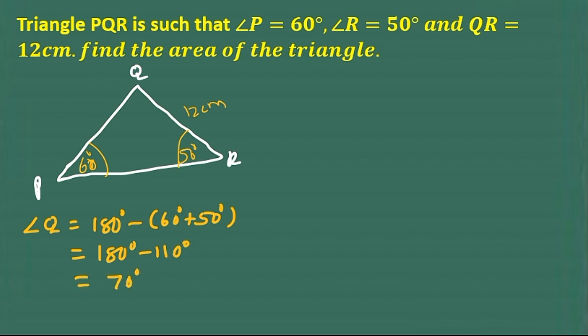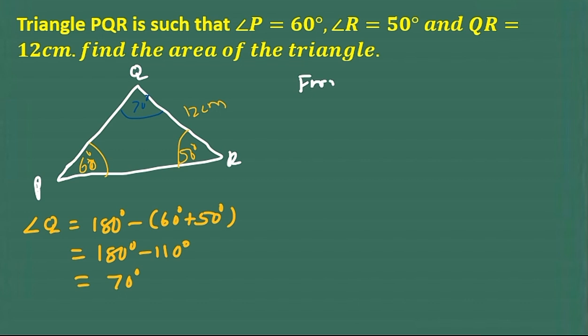So basically angle Q is 70 degrees. For us to find the area of a triangle, we need 2 dimensions and 1 angle. So we only have 1 dimension here. So let's find the next dimension that will help us to find the area of this triangle.